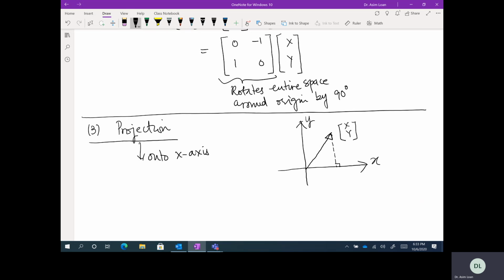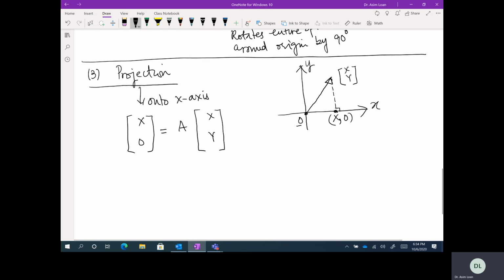When I project onto the x-axis, this point is x, so this point is (x, 0). So (x, 0) is the answer when I multiply the vector (x, y) by A.